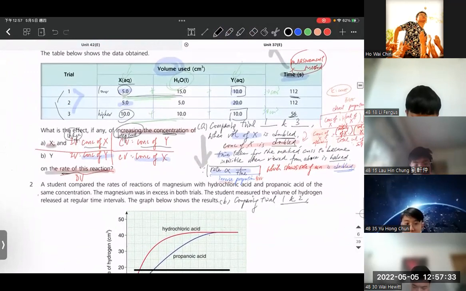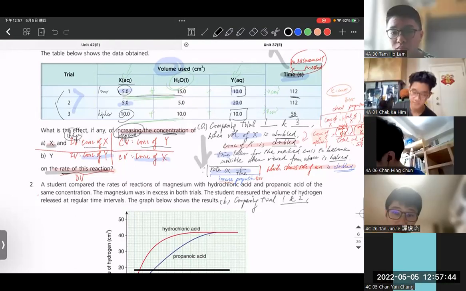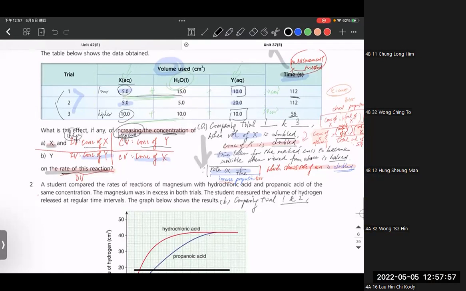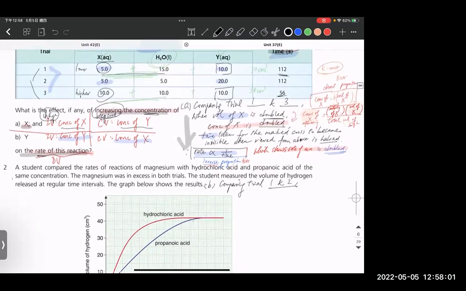So who can continue? What is the mathematical relationship? It's good to compare 1 and 2. Now please continue. What is the change in concentration between 1 and 2? Yeah, when the concentration of Y is doubled.